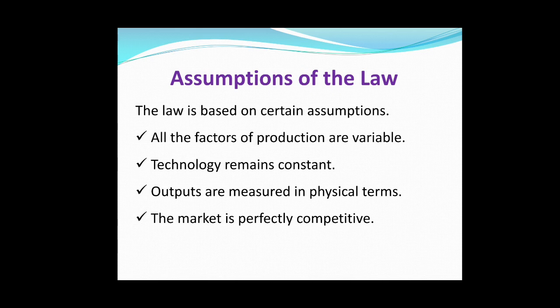And the last important assumption of the law is that the market is perfectly competitive. Dear students, a perfectly competitive market is that type of market where there are a large number of buyers and sellers. Sellers are selling homogeneous, or we can say identical, products and they are free to enter and exit the market.